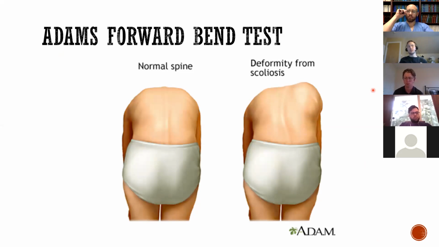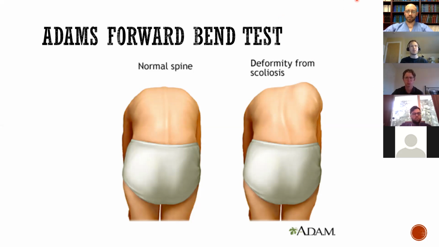But it's a very non-quantifiable measure. It's very subjective. Basically, if you can see a deformity, by the time you can see it, it's around 20 degrees as measured on an x-ray. The true radiographic deformity is close to 20 degrees by the time you can pick it up.